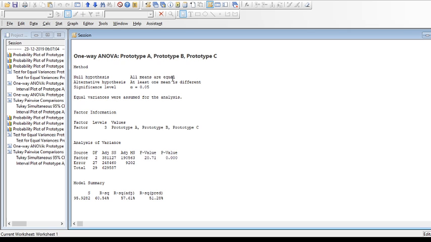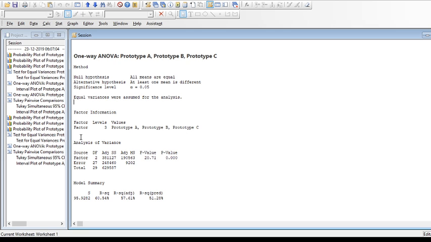Null hypothesis, all means are equal, alternate hypothesis at least one is different, and the significance level is 5%. It's a 95% confidence level you are taking, right? Equal variances are assumed. Why have I assumed it? Because we have already proven that, right? In factor information, there are 3 levels of data: prototype A, prototype B, and prototype C.